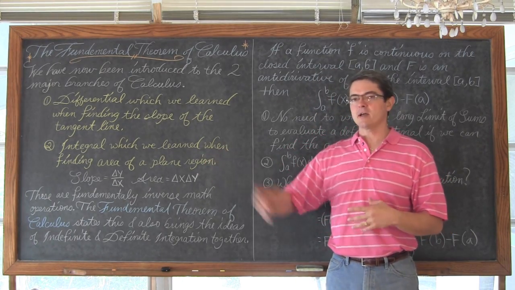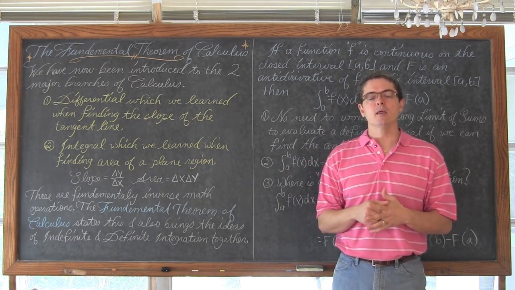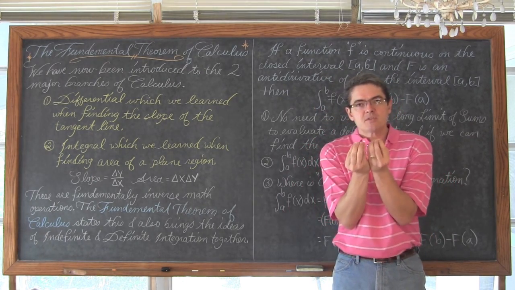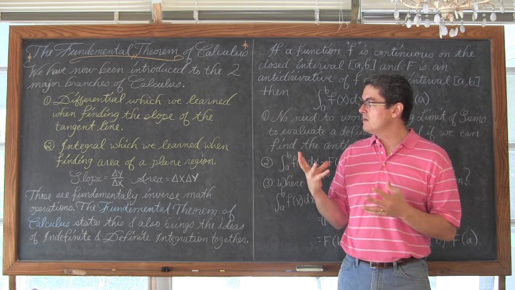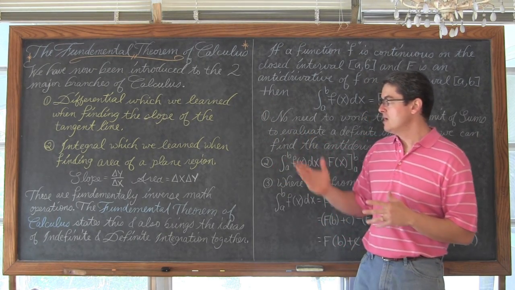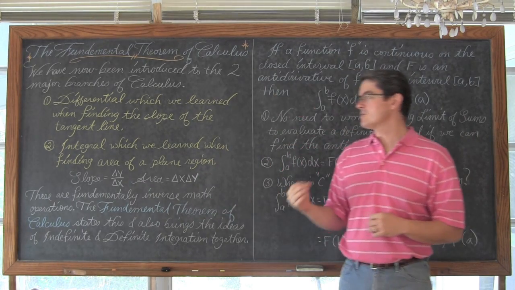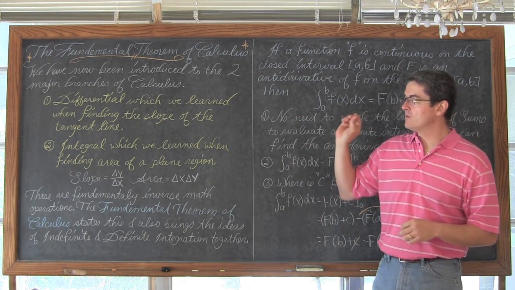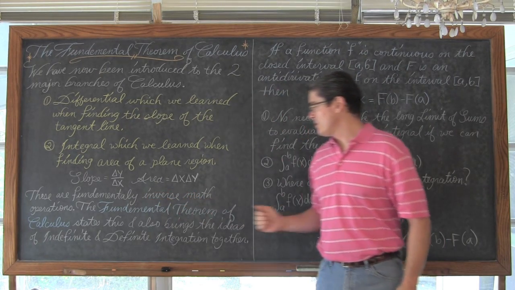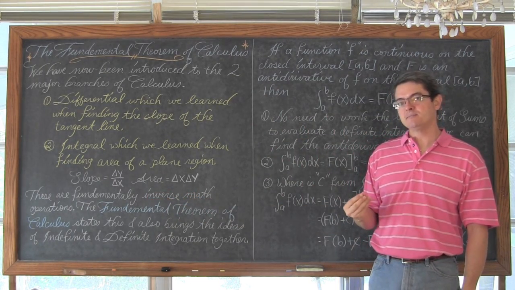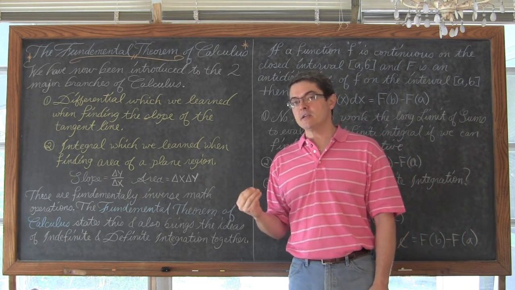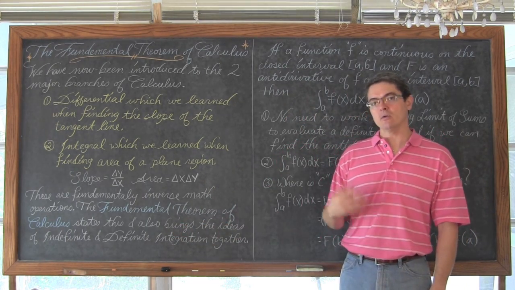Of course, I've got this in a very simplified notation here. We're not going to do a proof here or talk about real theory, but in its most elementary concept, finding the derivative and finding integrals are inverse math operations. So these are fundamental inverse math operations, the derivative and finding the integral, and the fundamental theorem of calculus states this, and it also brings together the ideas of finding an indefinite integral and a definite integral, or integration.